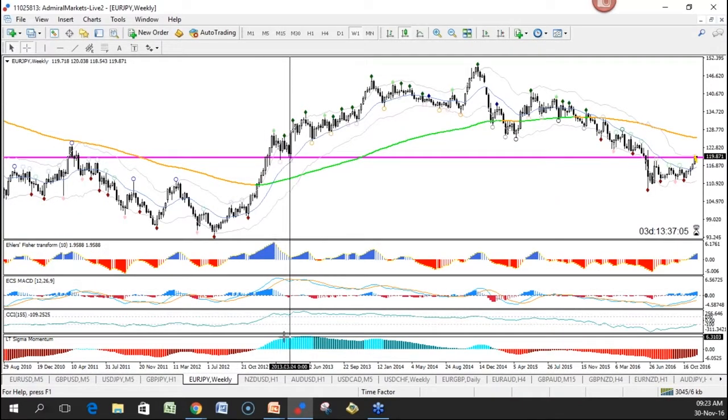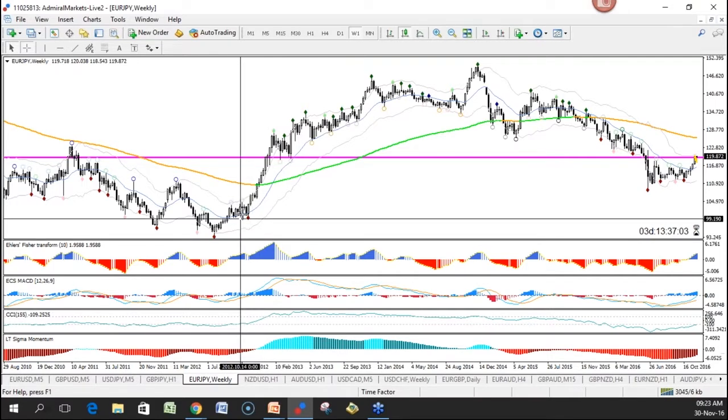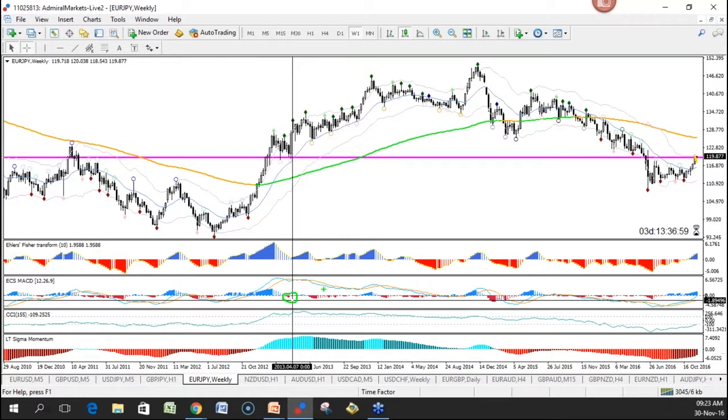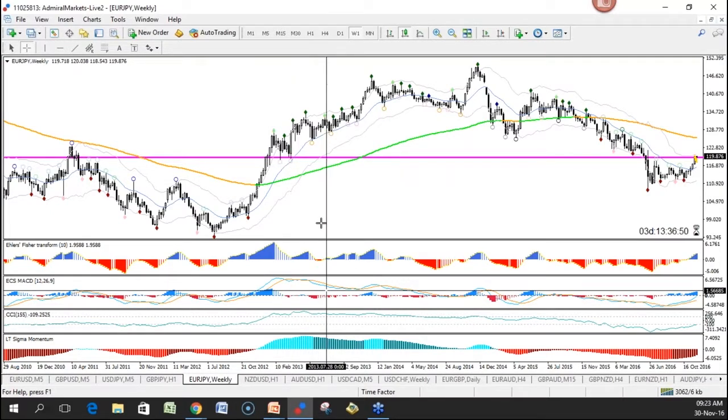All right, for instance, here on the weekly, we have an uptrend, and you see that price made a retracement here, and here, and here. So those could have been all dips within that trend. But the monthly was not trending, so let me check.